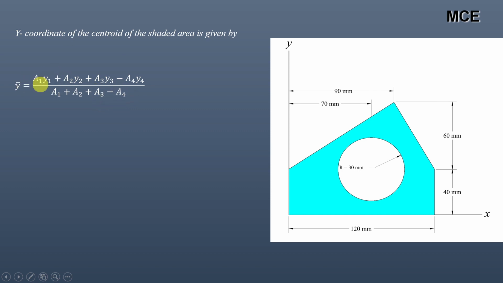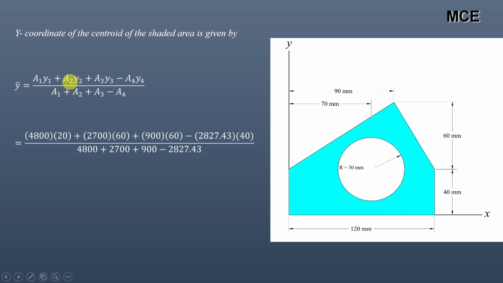Putting in the values for a1 y1, a2 y2, a3 y3 and a4 y4, we get the y coordinate of the centroid for the shaded area as 35.7 mm. So the centroid of the shaded portion has x coordinate 61.4 mm and y coordinate 35.7 mm.